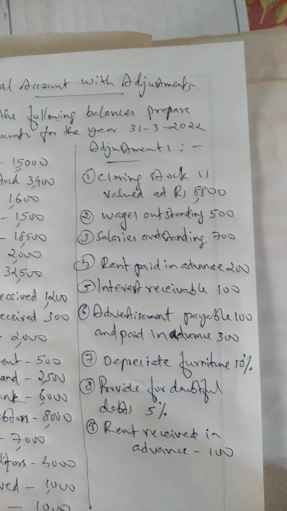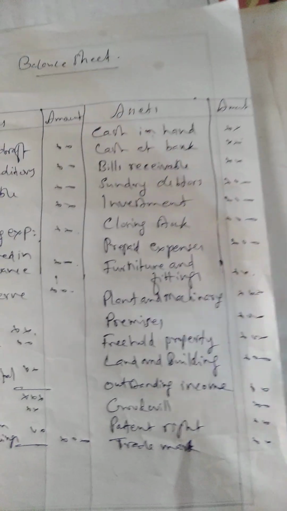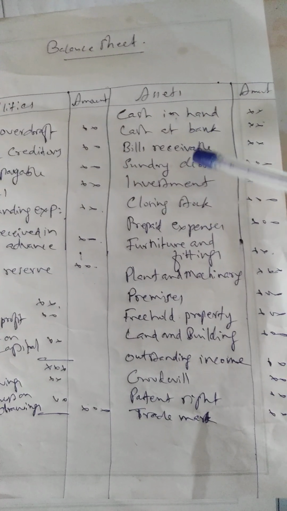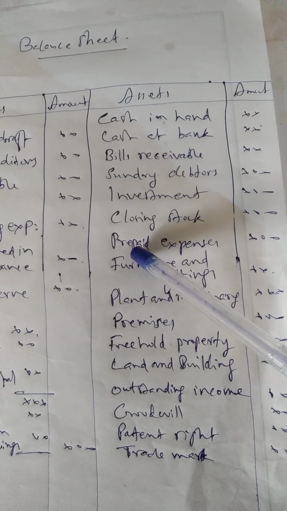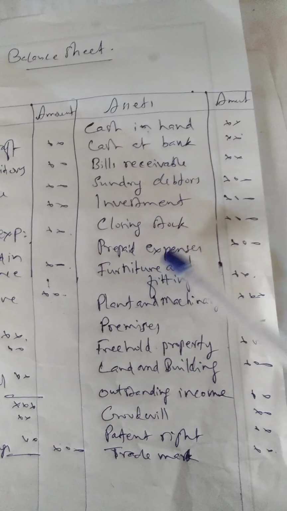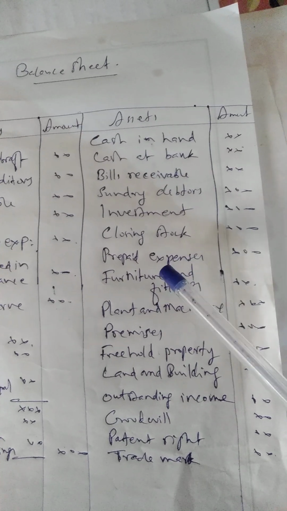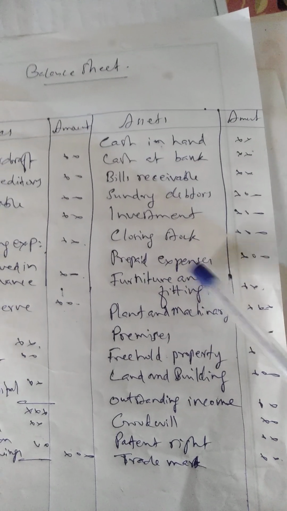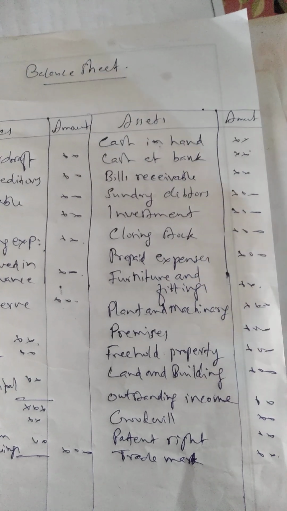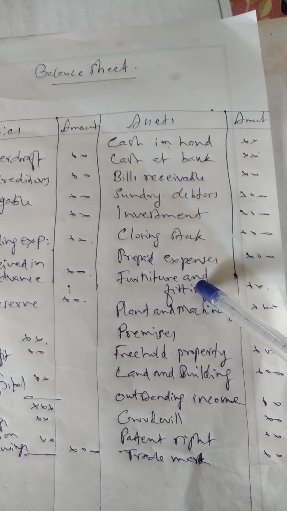Then, since it is an adjustment, it must appear in one more place, which is the asset side of the balance sheet. If you refer to the format of the balance sheet that I had given to you, you can see on the asset side there exists an item prepaid expense. This prepaid expense is sometimes known as unexpired expense or expense paid in advance. So this prepaid expense should be shown on the asset side. We already stated this in the format of the balance sheet.